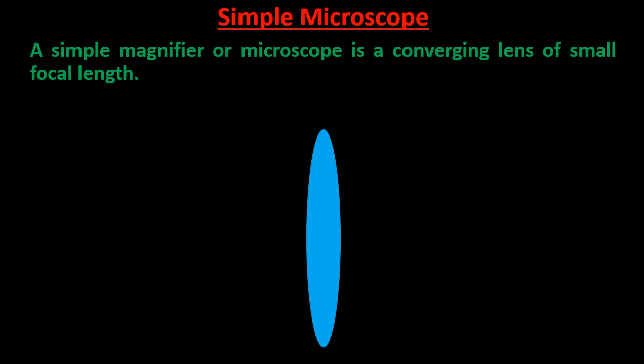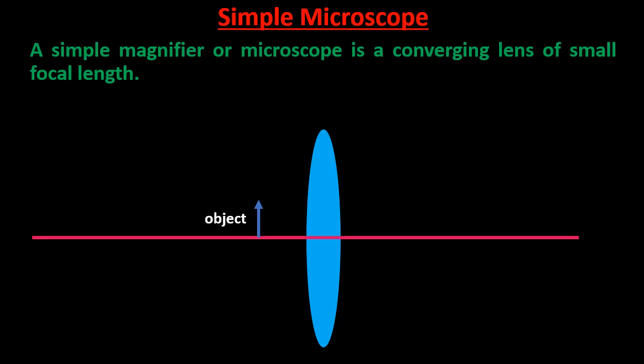First we consider a convex lens and then we draw a principal axis passing through its optical center. Then we consider an object near the optical center, and in order to form the image, we must take at least two rays coming out from the object. Let us first consider the ray which is passing through the optical center. This ray will not deviate.